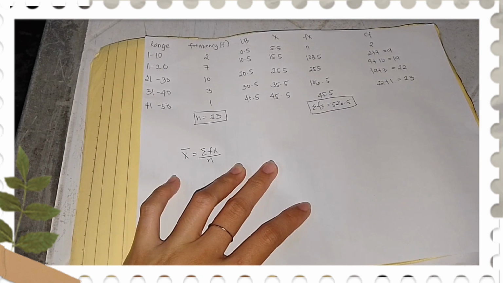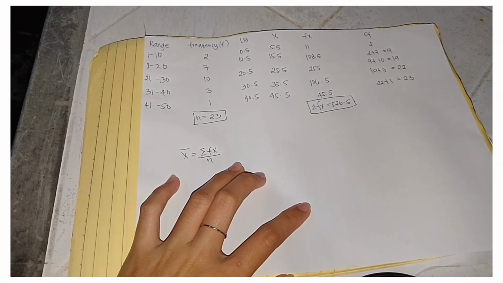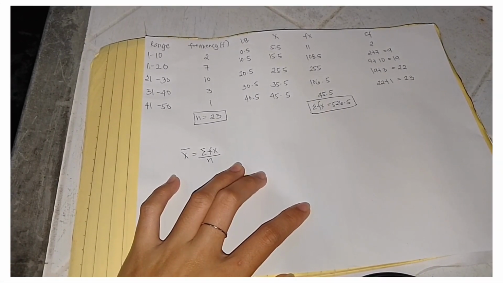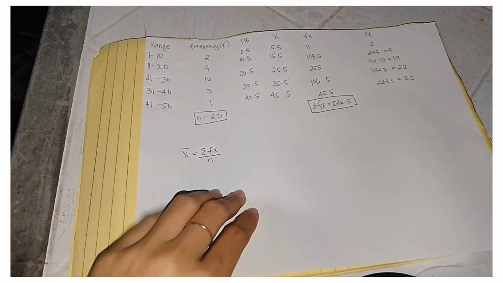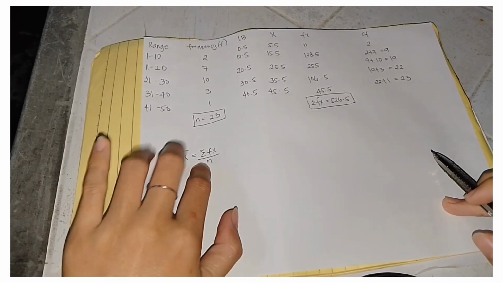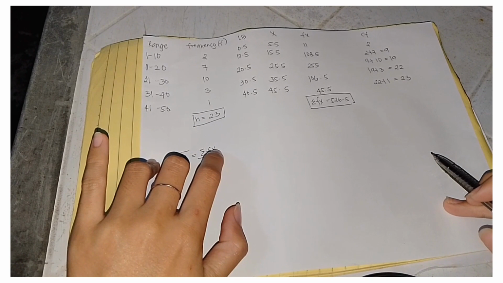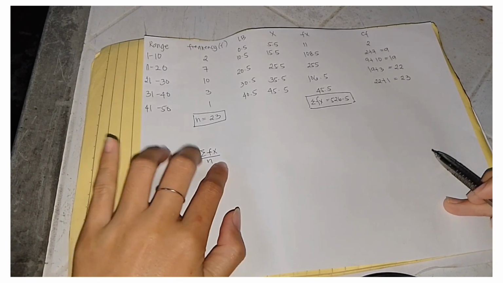So now that we have all the data we need, we proceed to finding the mean. The formula is x bar is equal to the summation of fx over the summation of frequency.